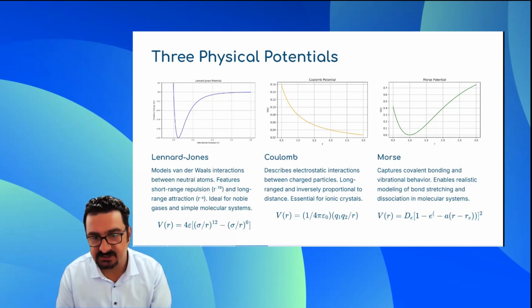Unlike harmonic potentials, Morse allows us to realistically simulate bond stretching and dissociation, making it valuable for molecular dynamics studies. Each of these potentials contributes uniquely to the energy landscape of simulated crystal structures, and their selection depends on the type of atomic interactions we aim to capture.